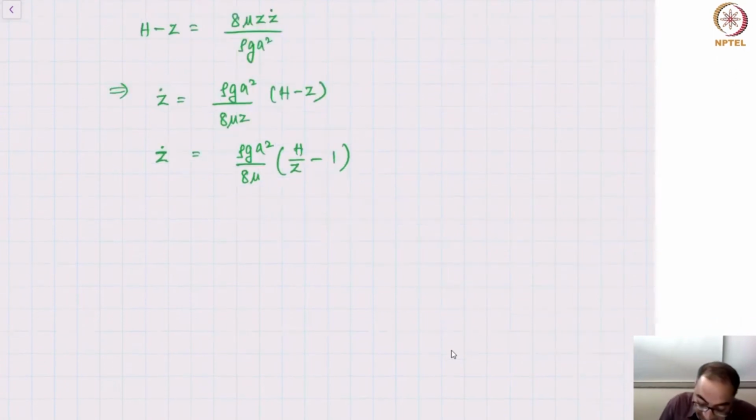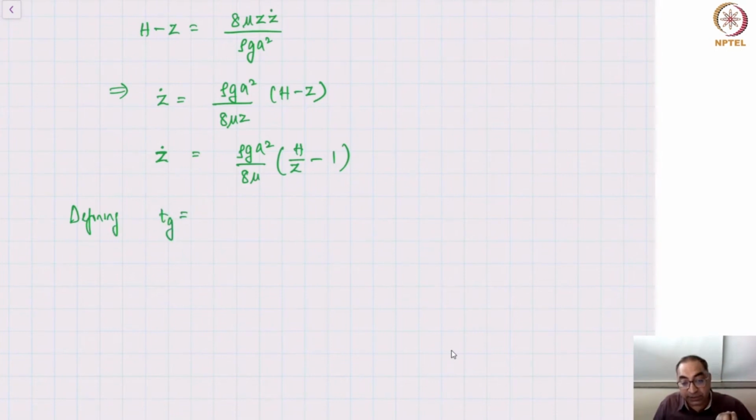Okay. Let's define a new time scale here. Defining a time scale tg, which is going to be a balance of viscous forces to gravitational forces. That will be 8 mu h by rho g a square.